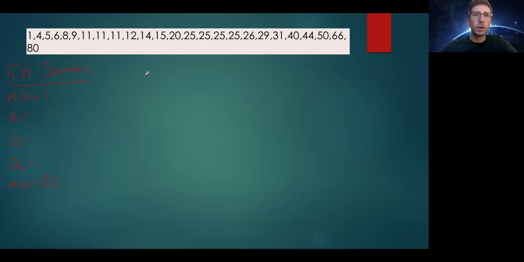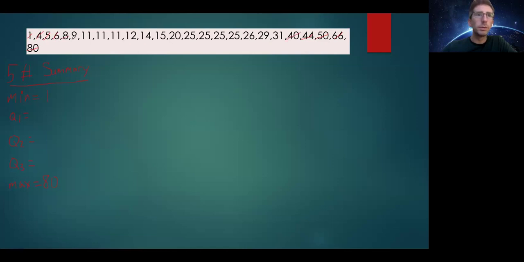So let's start by finding our Q2. And all we're going to do is try to find the number right in the middle of this data set that cuts it in half. So to do that, I'm just going to start marking these numbers off one at a time from the beginning to the end until I get to the very middle.